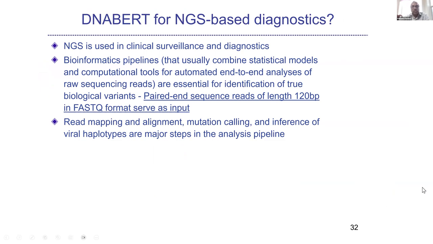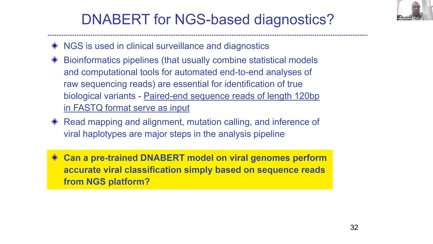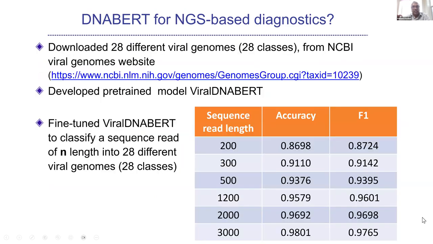So can we use this for diagnostics? We applied it on viral genomes. We developed a new model for viral sequence analysis, and then tested the accuracy by giving, let's say, a sequence of length 200 and asking whether it belongs to any particular virus. We saw that 2,000 bases, or even 1,200 bases, give rise to 0.95 accuracy.